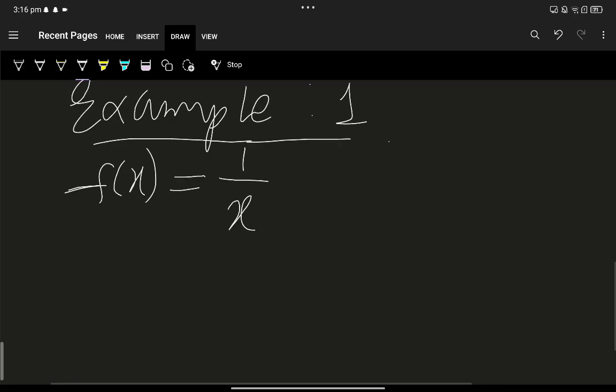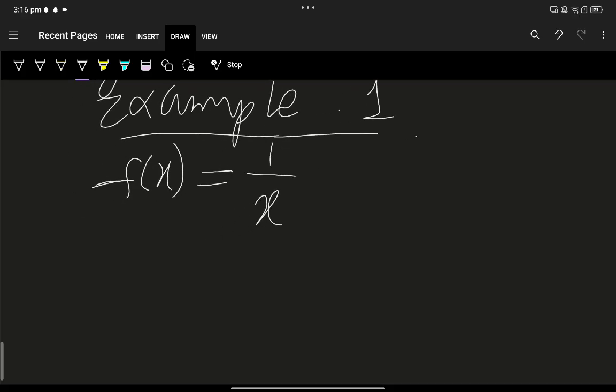Before trying out the examples, I would like to say one thing. When we are finding derivatives, it may be tempting to plug in the value of delta x as 0 right away.